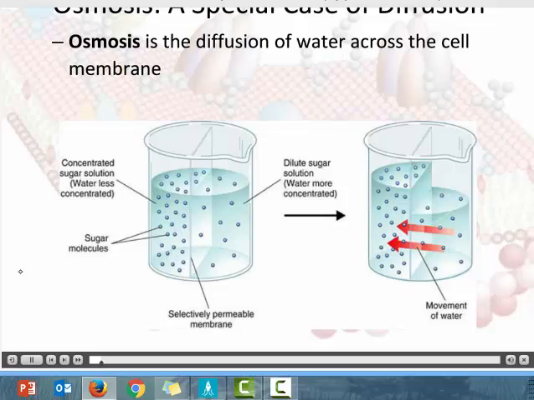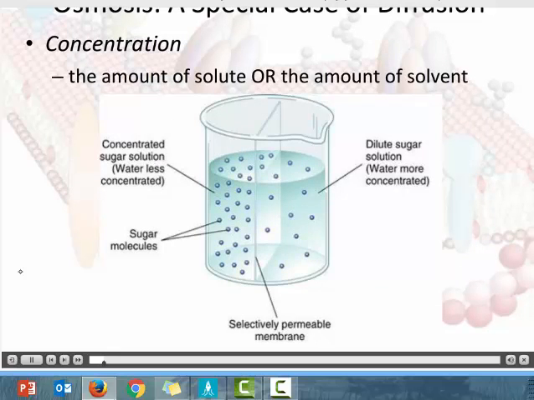When we talk about the movement of water across a membrane, we can talk about the concentration of water across a membrane. So typically when you look at a solution, you can either look at the concentration of the solutes or the concentration of the water. It doesn't matter which one you focus on, you just need to figure out which one makes the most sense to you and stick with it.